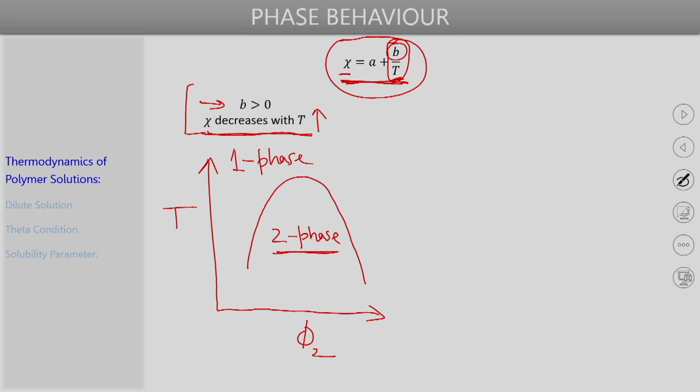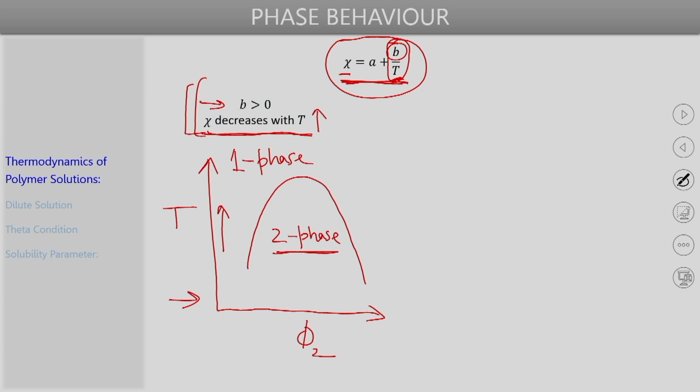So, if we consider this phase diagram here, then under this condition we say that chi is decreasing as temperature increases. So, as we are going up in temperature, the value of this chi parameter is decreasing.